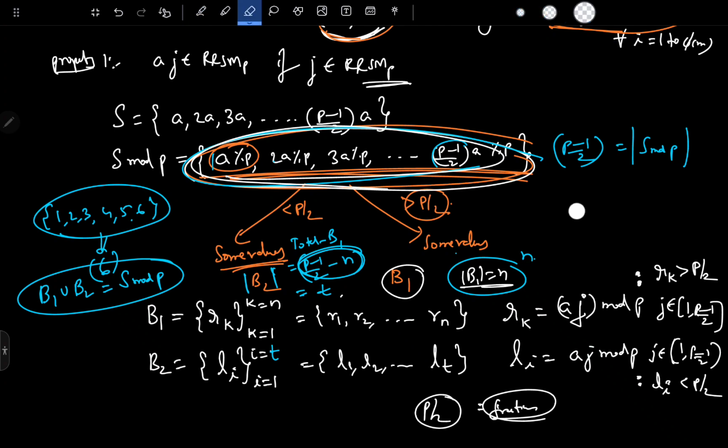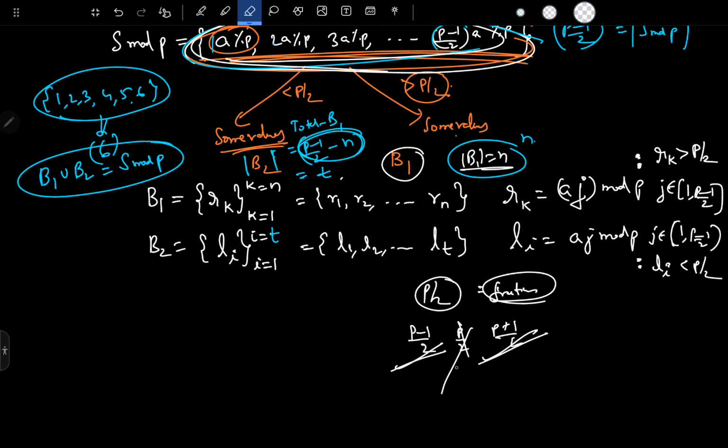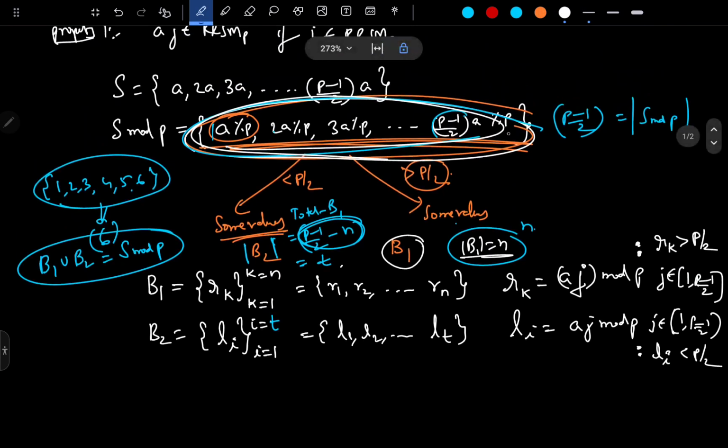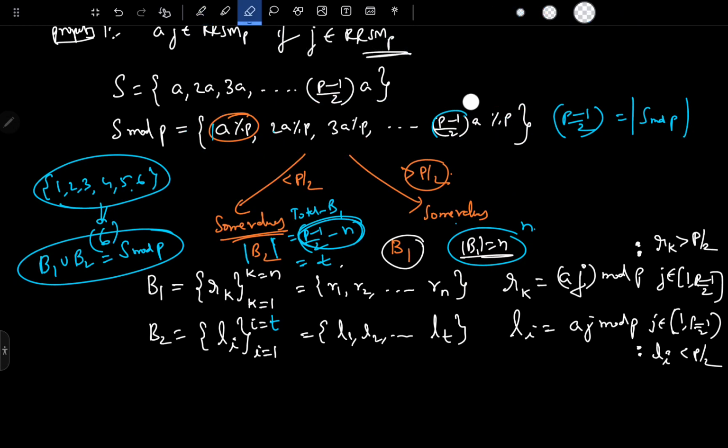So the value (p minus 1) by 2 is possible, because if p is a prime, p minus 1 is even, and (p plus 1) by 2 is also possible, but p by 2 is not possible among these values. Okay, I am considering this set and telling you this, nothing more, nothing less.